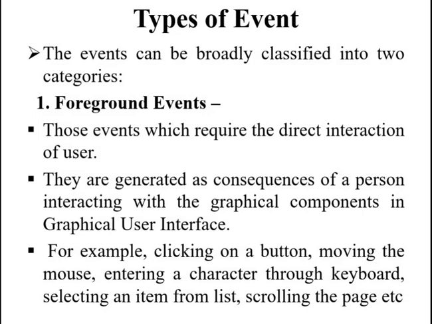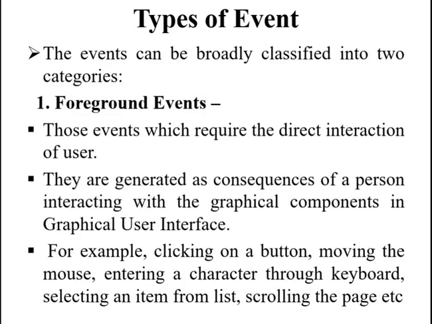Then the next topic is what are the types of event. Events are broadly classified into two categories, that is foreground events and background events. We are going to study one by one in detail. First one is a foreground event. Foreground events are the events which require the direct interaction of the user.